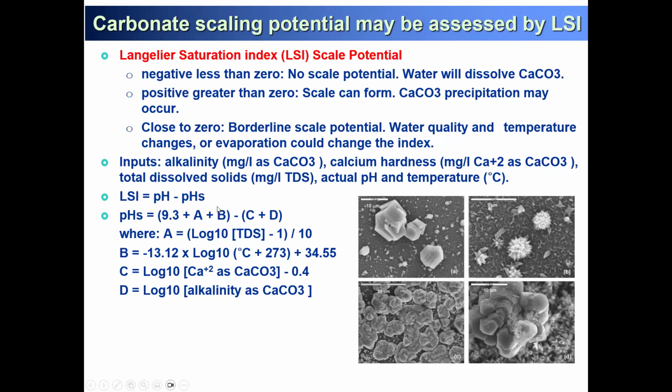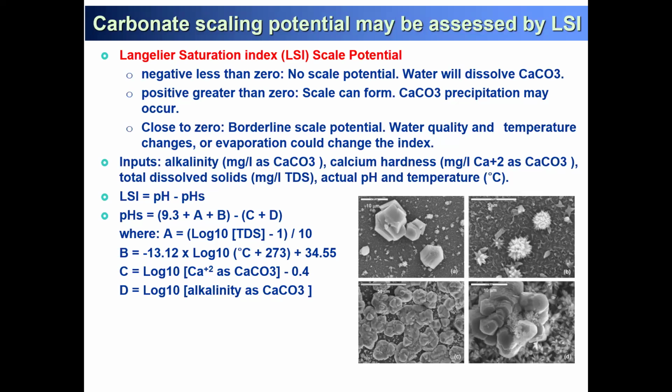So LSI value is equal to pH minus pHs. If you have a lower pH, you have a negative value, right? If you have a high pH, you would have a positive value of LSI, which means fouling potential is high.